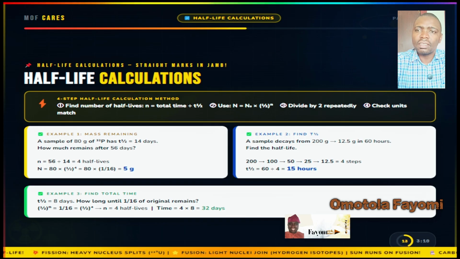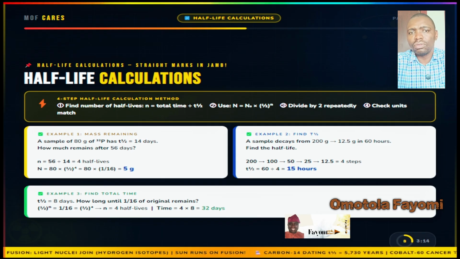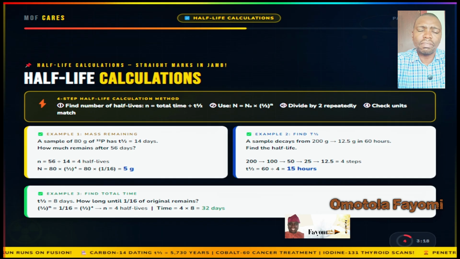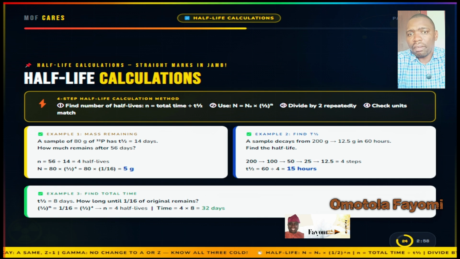Finding remaining mass. 80 grams of phosphorus-32 with half-life 14 days. How much remains after 56 days? n equals 56 divided by 14, which is equal to 4 half-lives.